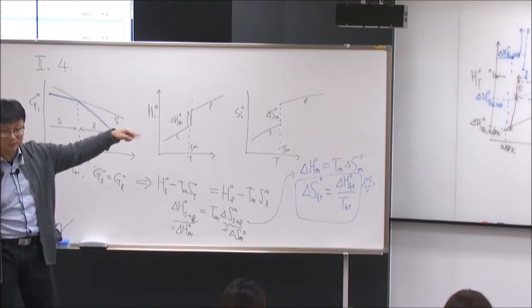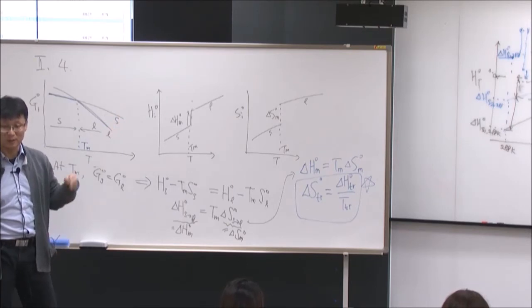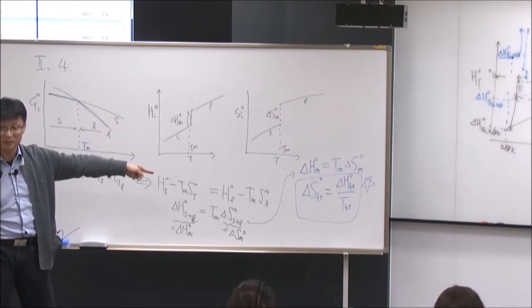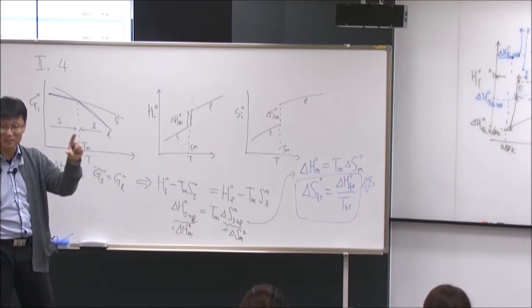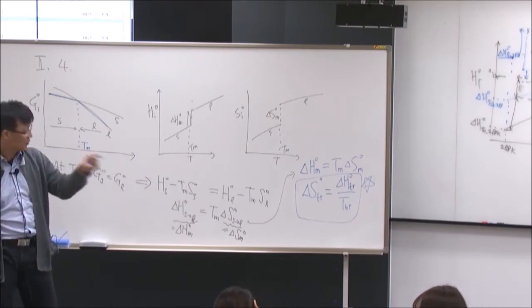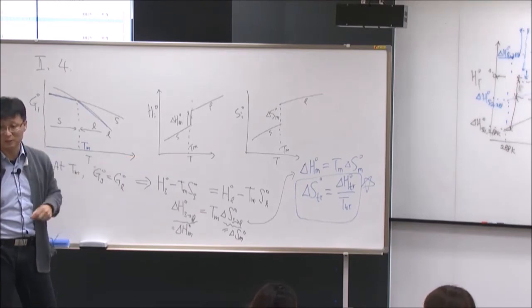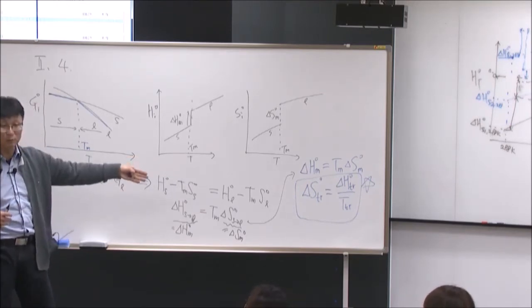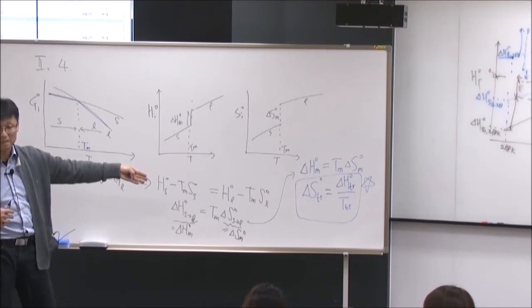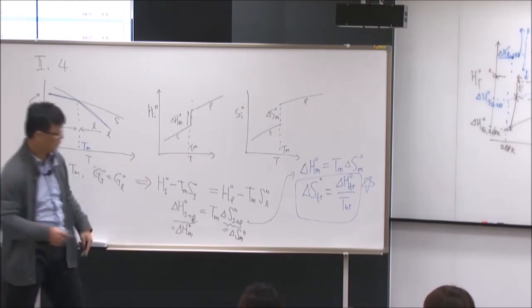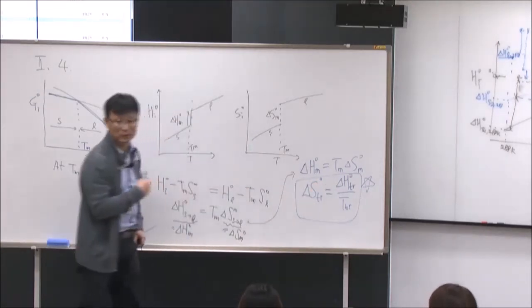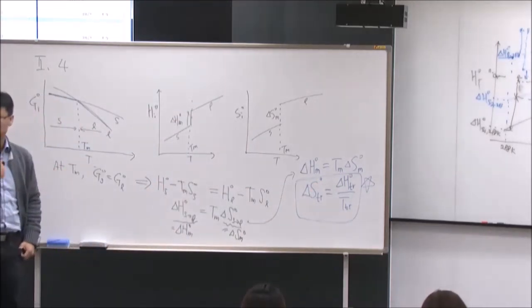Then we cannot calculate the entropy of the material in the second phase. However, because we have this relationship, we're supposed to know that the delta S of transformation is related to the delta H of transformation. So people don't provide that additional information, but you have to get it by yourself. Even if this information is not given, you have to know how to calculate it, or the other way around.